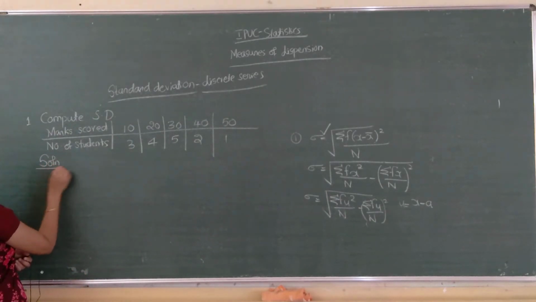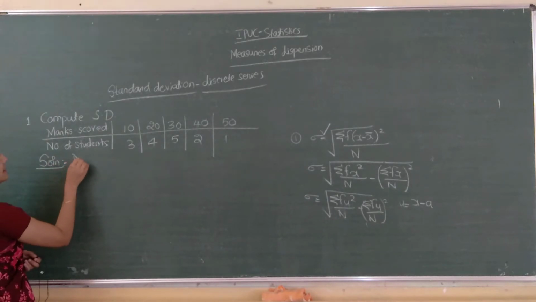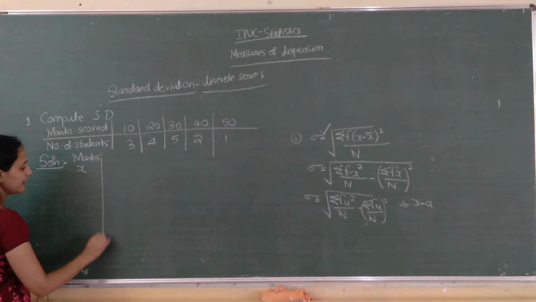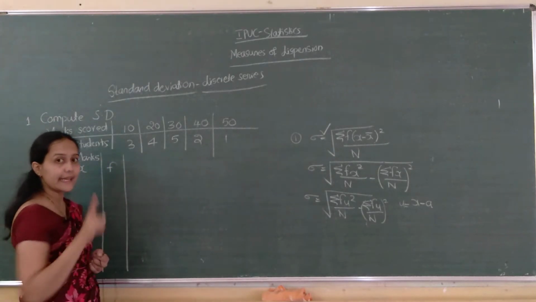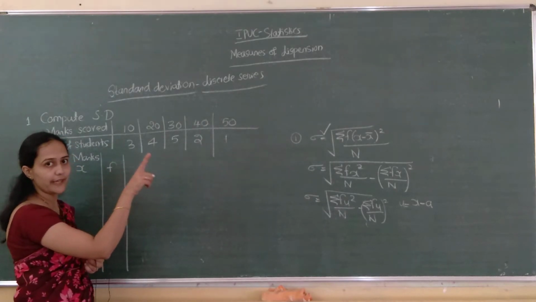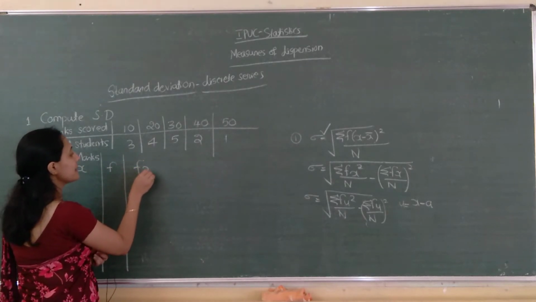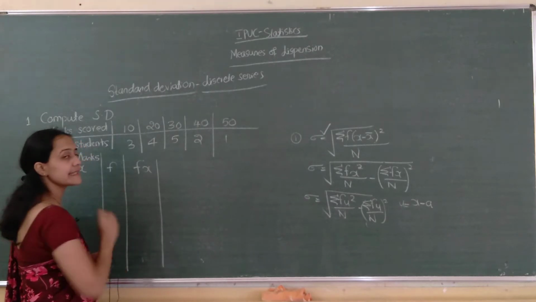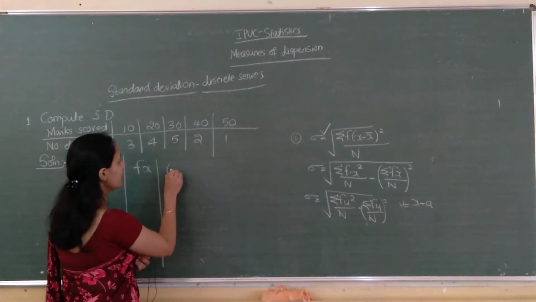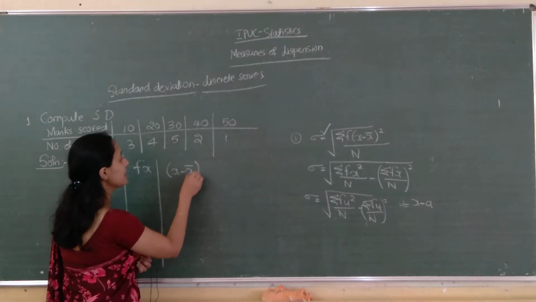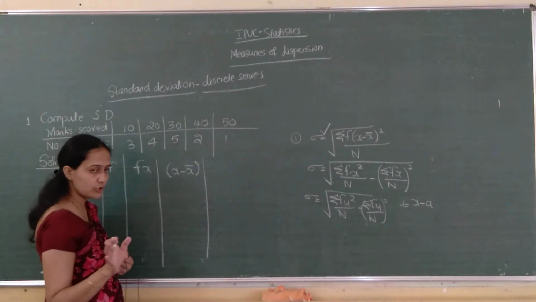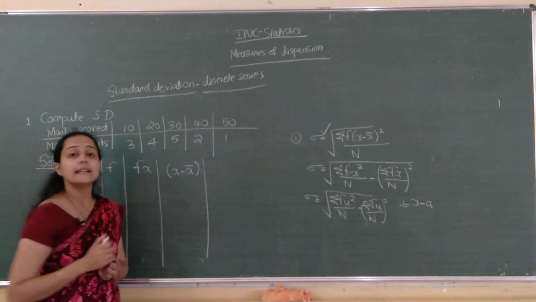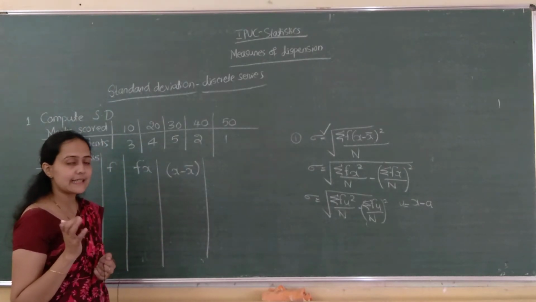Can we do the first problem using the first method? What columns are required? Marks scored is x, and number of students is f. For finding x bar, the f into x column is required. Next a column for x minus x bar, not absolute deviations, just deviations which contain a sign.